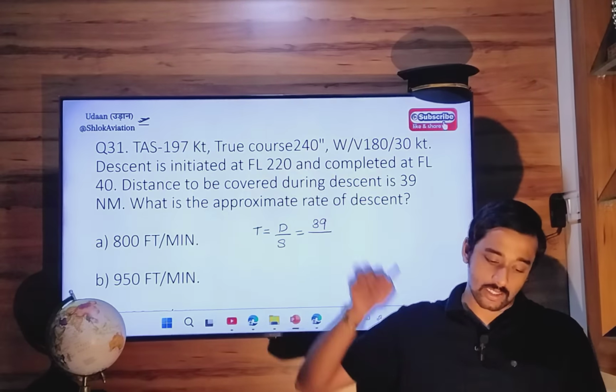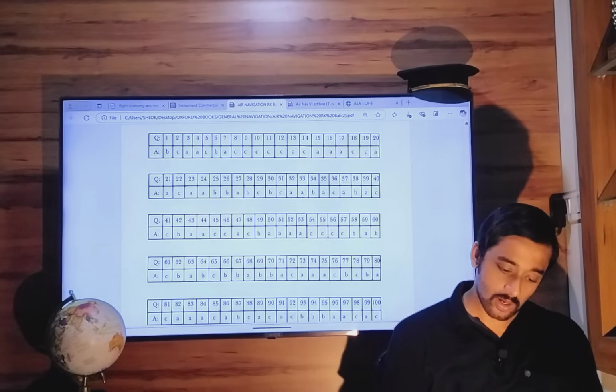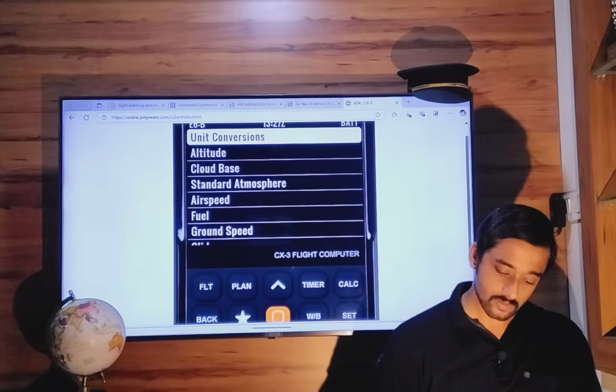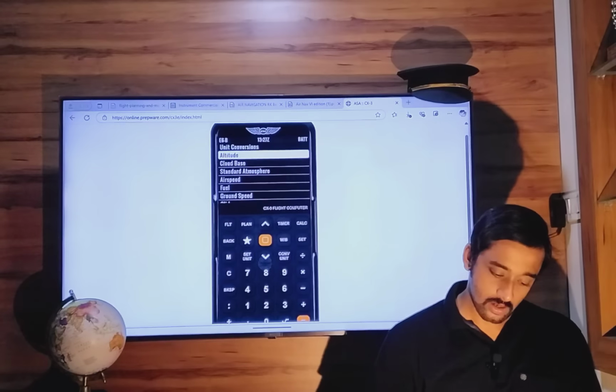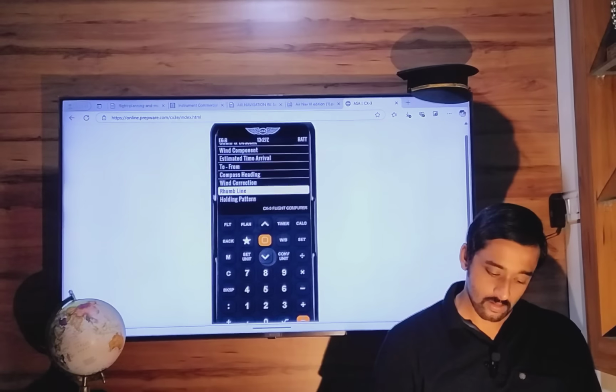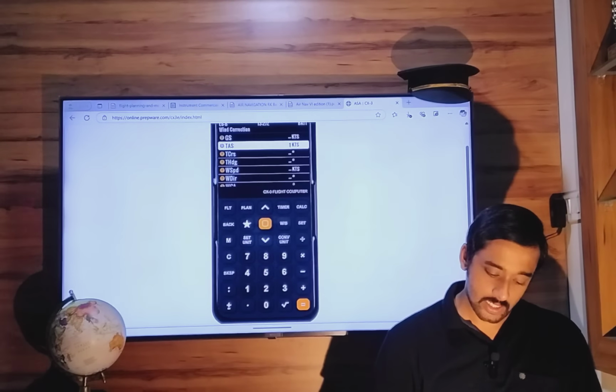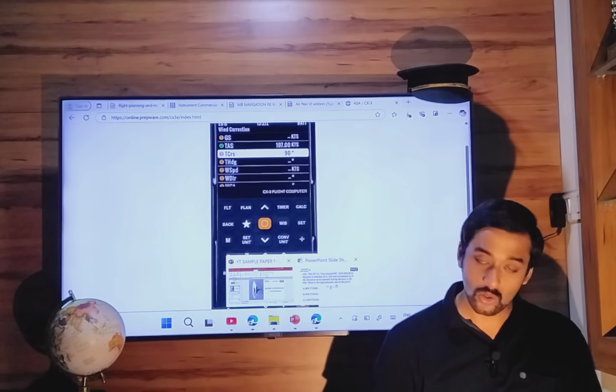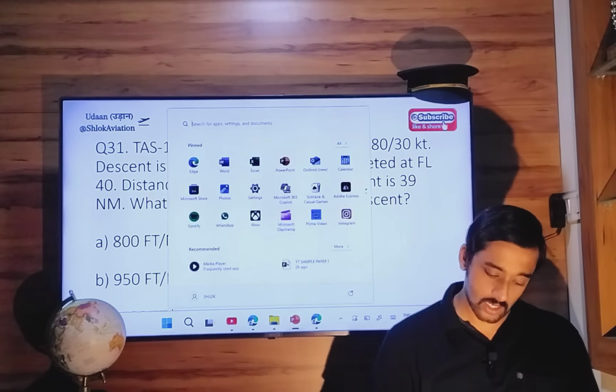TAS, course, winds. So TAS is 197. True course, true track is 240.